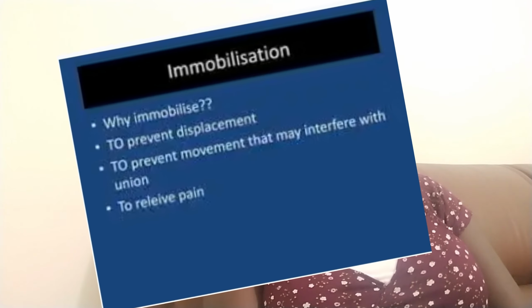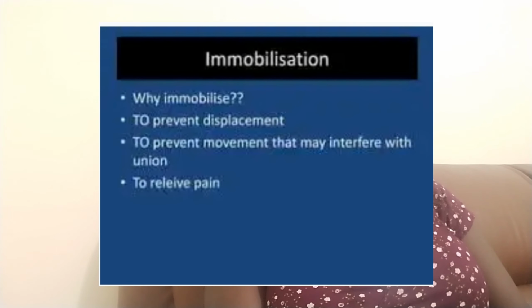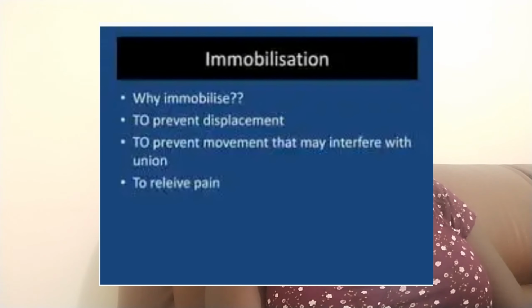So we have reasons for splinting, because when we have fractures, of course, the patient is stable, as we saw in the previous videos of how to check, what to do, triaging, going through ABCDE, doing a secondary survey, and doing x-rays.